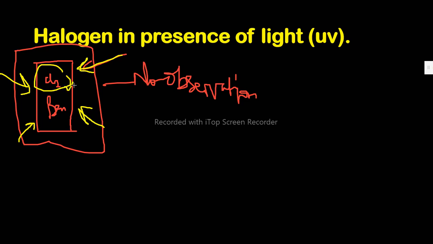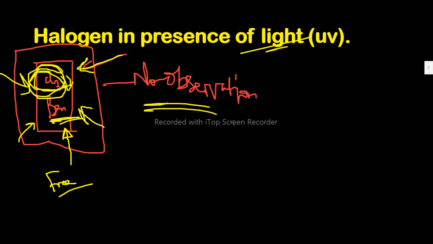Why is it disappearing? It is because the benzene with the halogen in presence of UV light will undergo what we call a free radical mechanism or a free radical reaction, whereby the chlorine, when exposed to sunlight, will undergo homolytic fission to form radicals, and now the radicals, since chlorine is a bit in excess, will induce the benzene to undergo addition reactions to form cyclohexane.